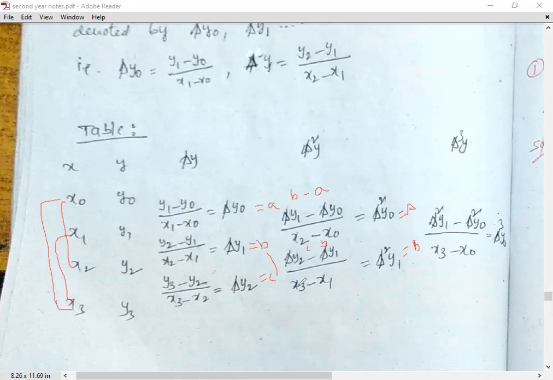So consider the interval x naught, x3. Its difference is x3 minus x naught. So the third divided difference is given by capital B minus capital A by x3 minus x naught. So we'll get some value. Like this, we can form divided difference table for any number of data points.